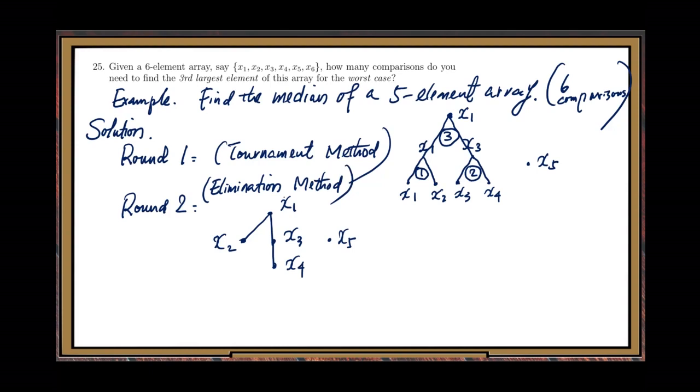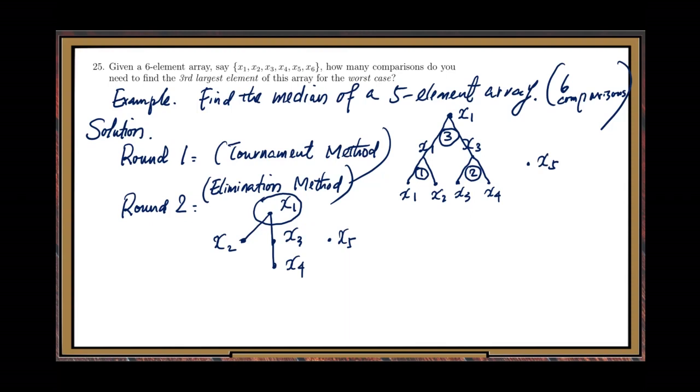Now, when you look at x1, it is greater than all the elements except x5. Greater than all the elements except x5. The only element that x1 cannot be greater than is x5.